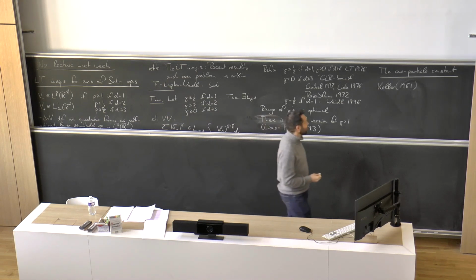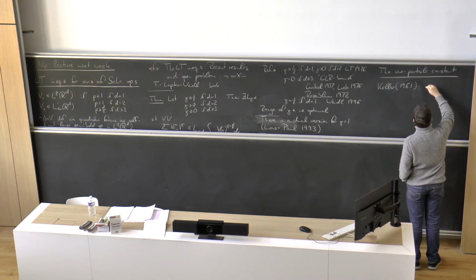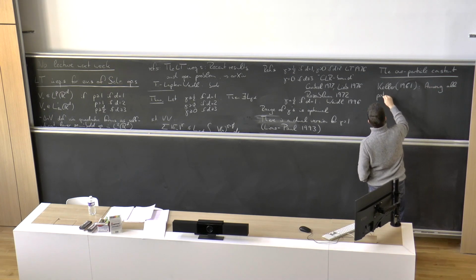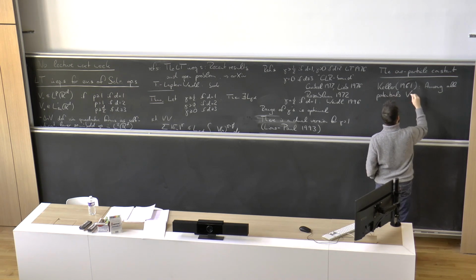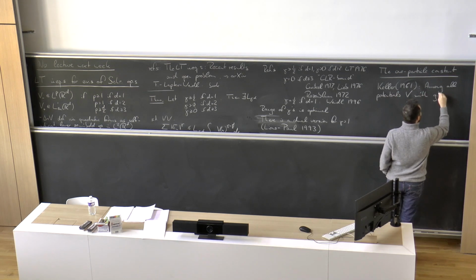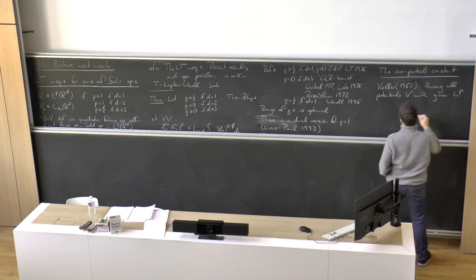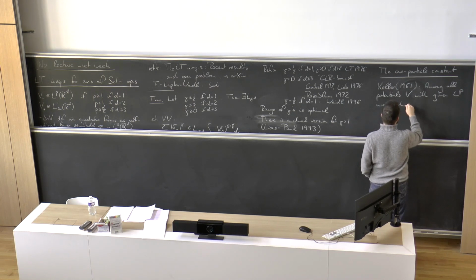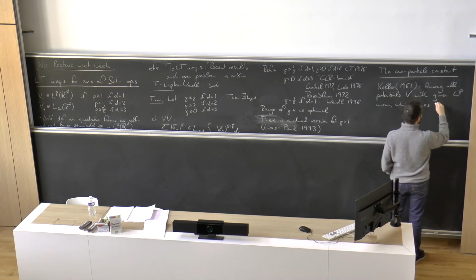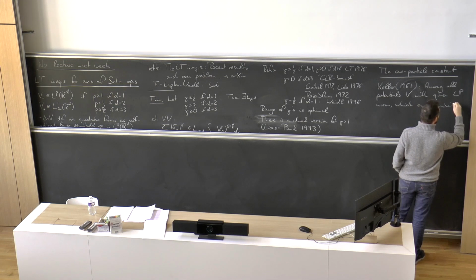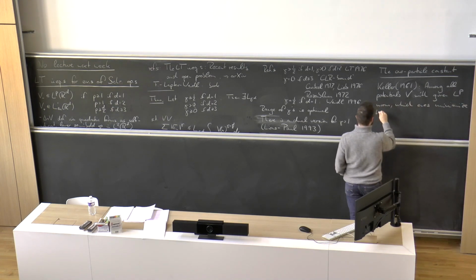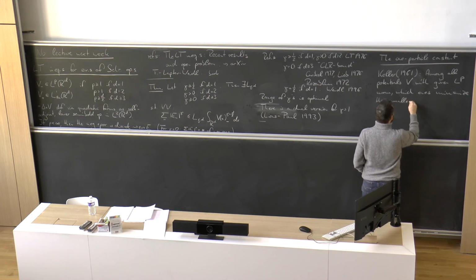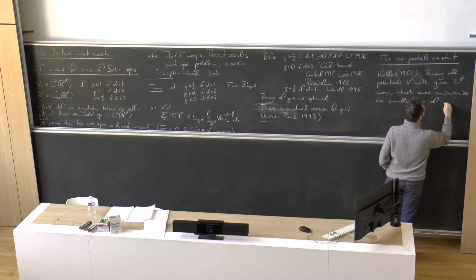And so what Keller asked is, among all potentials V with given Lp norm, which ones minimize the ground state energy, so the smallest eigenvalue of minus Laplacian.